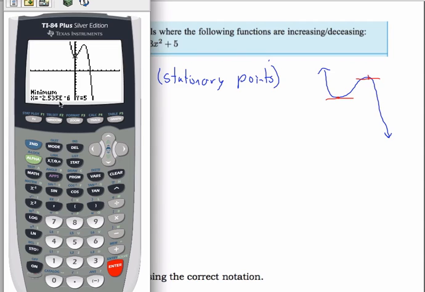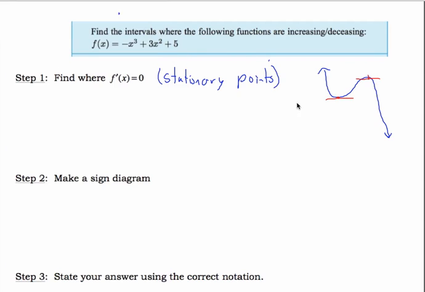Now when this comes up on your calculator, it's actually scientific notation, -2.53 times 10 to the power -6, so it's very close to 0. Your calculator is estimating; the actual answer is probably exactly 0. So that point is (0, 5).